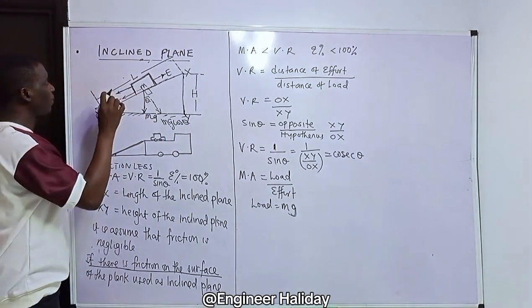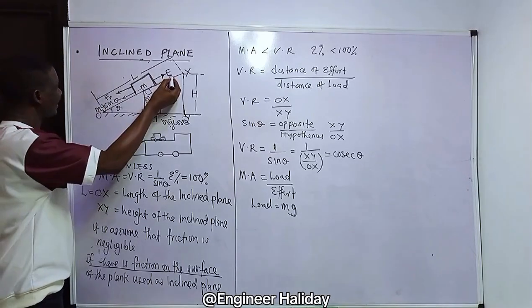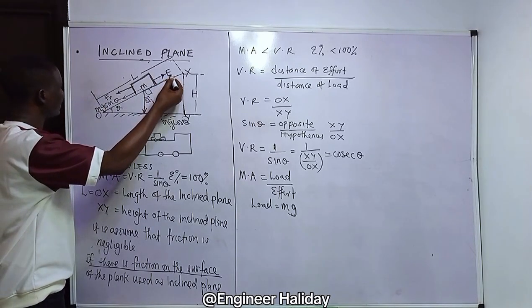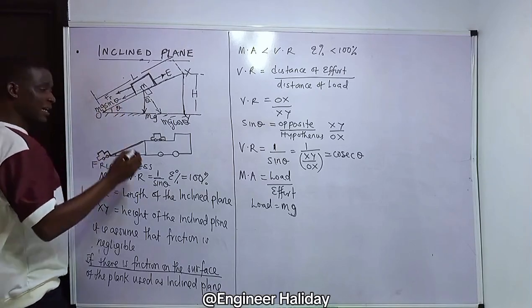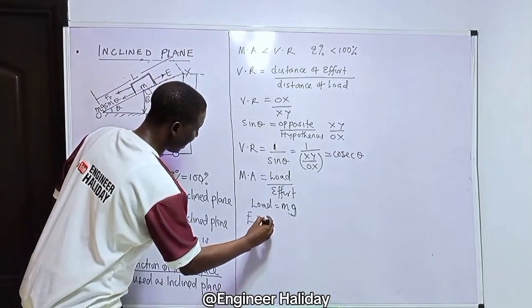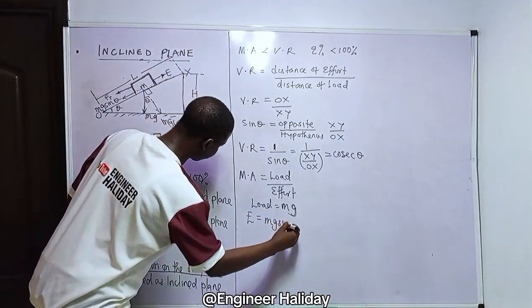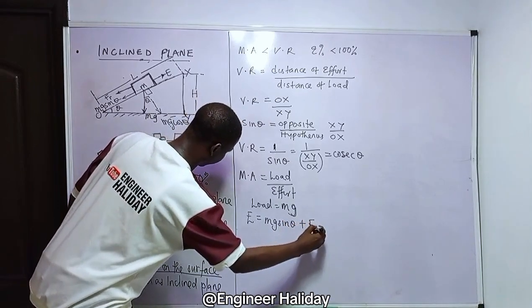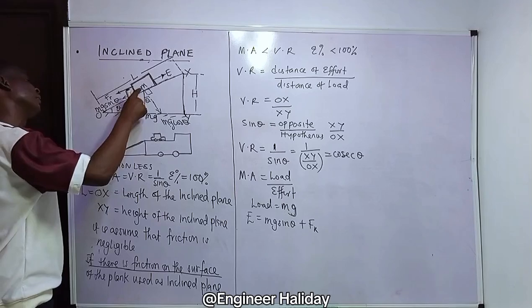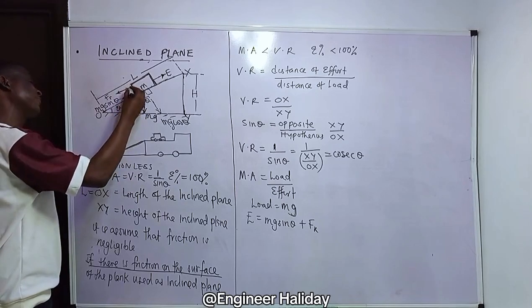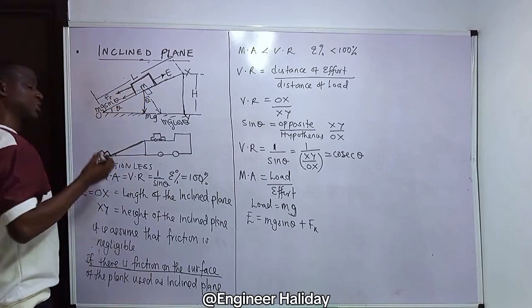Now, what we end up having is that the least force that this man pulling, or the effort, can apply to move it up the plane is what? The effort we call mg sin theta plus frictional force. That is the least effort this person can apply to move this body of mass M: the frictional force plus the gravitational force.